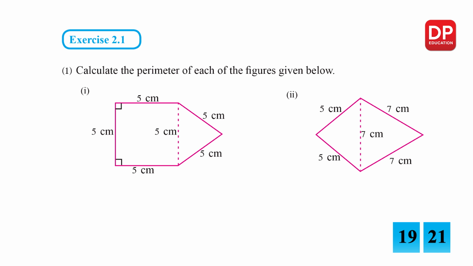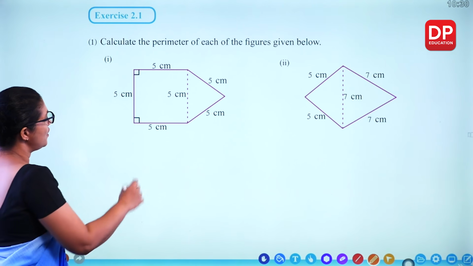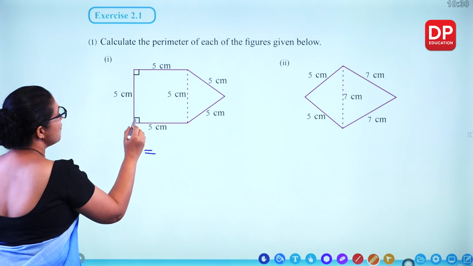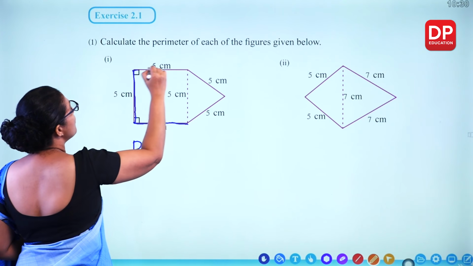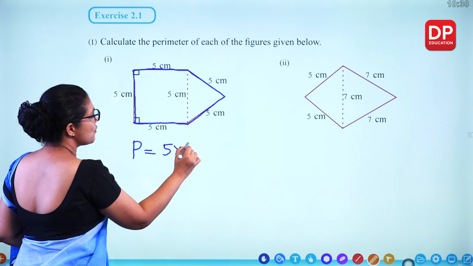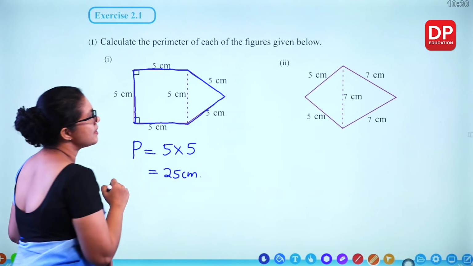Exercise 2.1. Calculate the perimeter of each of the figures given below. So we'll see how many sides are there with 5 centimeter length. 1, 2, 3, 4, 5. 5 times 5. 25 centimeters is the perimeter.